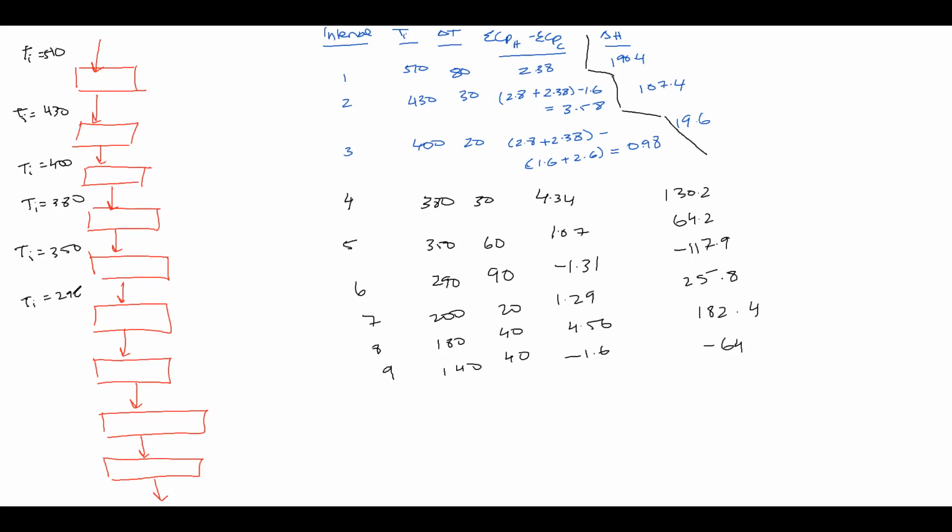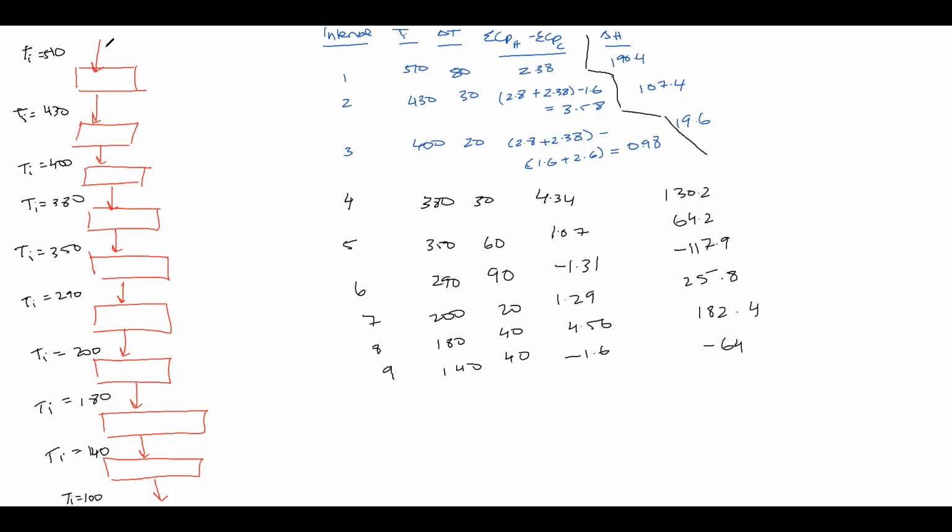This one is 290. This one is 200. This one is 180. This one here is 140, and then the final temperature is 140 minus 40. So this one is 100.